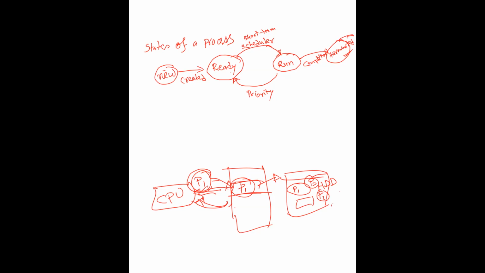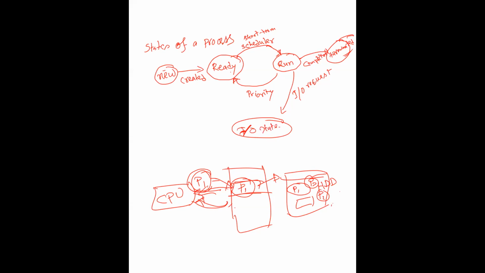This is called the IO state. So from the running state, a process can go to the IO state if it makes an IO request.